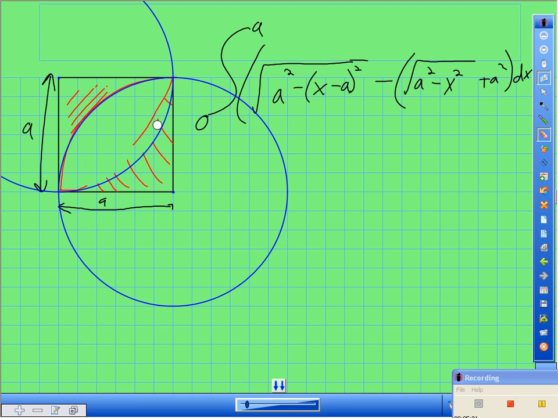Squared. All right. Now, that changes things a lot, doesn't it? The moment I look at that as two circles, things are looking up.